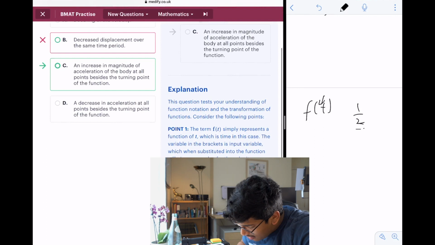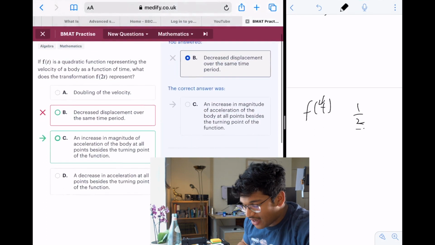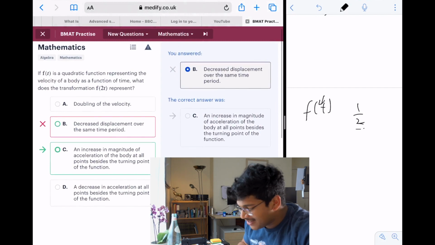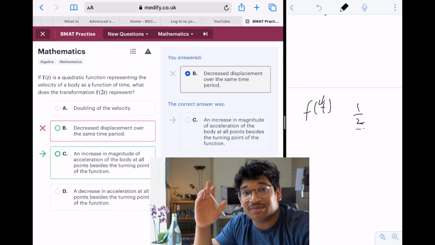Oops. Okay. Well, this clearly suggests that I haven't revised my functions recently. So if you haven't revised your transformation functions, then please go and do that.